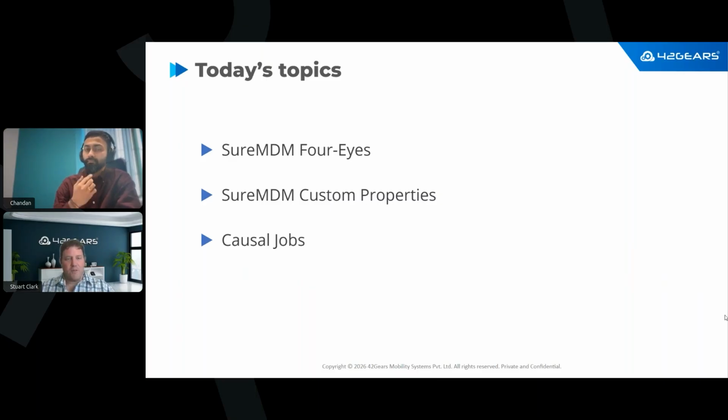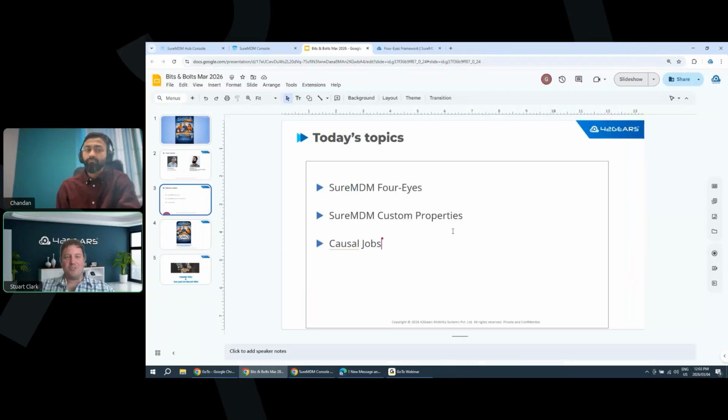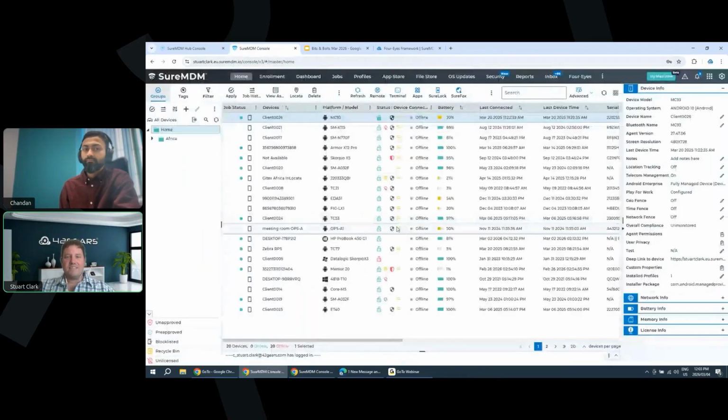Good. All right. Well, let me touch quickly, for those of you who have been playing around in our SureMDM environment, you may have seen that if you went to your account management functionality, the option to enable 4 hours is available. This is not going to show in your console until you've specifically gone and enabled it. But 4 hours really follows the concept of maker checker that I think many of us are familiar with in different applications that we may have used.